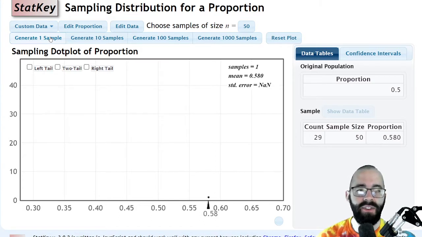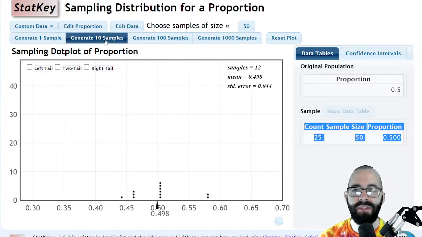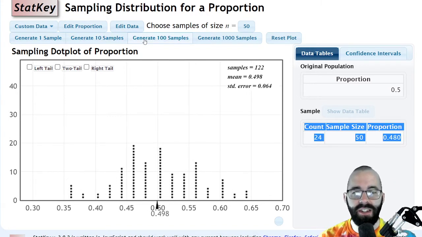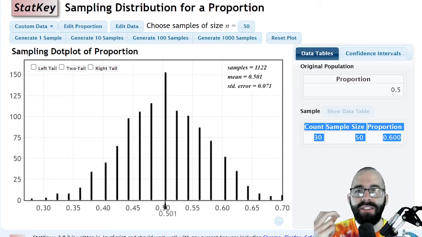In this case, 58% of them were heads. Did it again, 48% were heads. Do it 10 times. Remember, we use this to show sampling distributions for proportions. If I flipped 50 coins and did this experiment over 1,000 times?